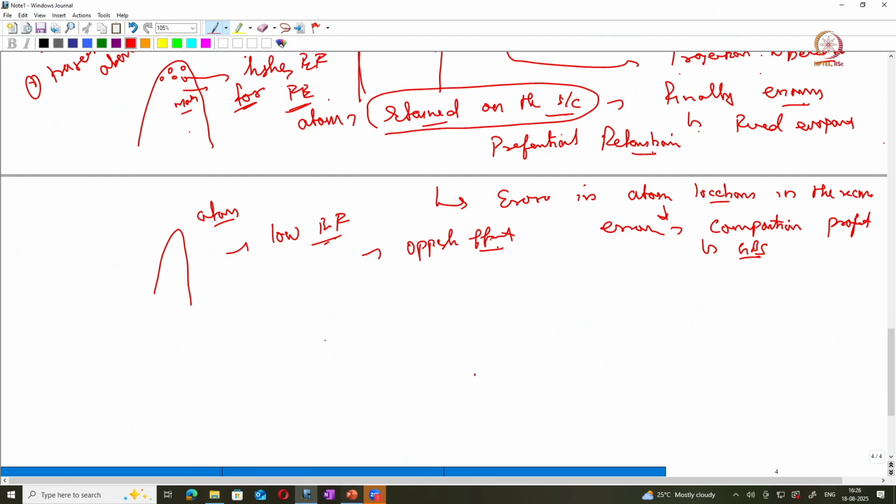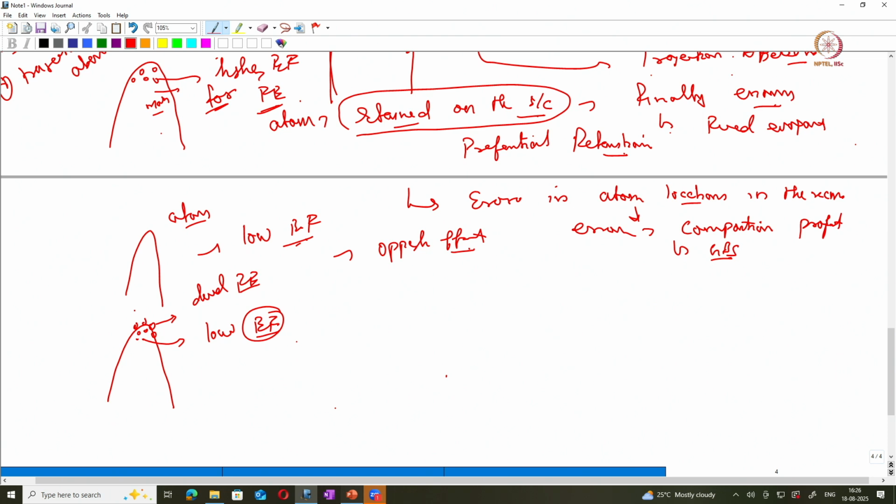Okay, so if in the needle specimen there are protruding atoms which need to be field evaporated, but there are also atoms which have a low evaporation field, what will happen is that even though these protruding atoms did not field evaporate, these low evaporation field atoms or species get field evaporated before these protruding atoms.